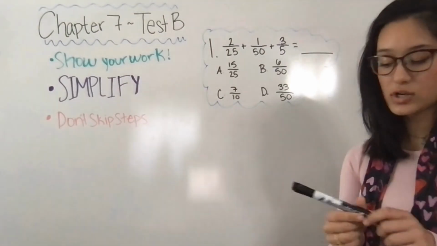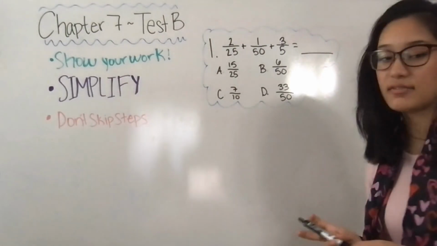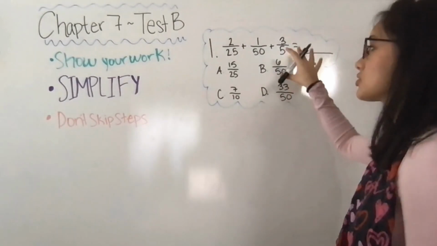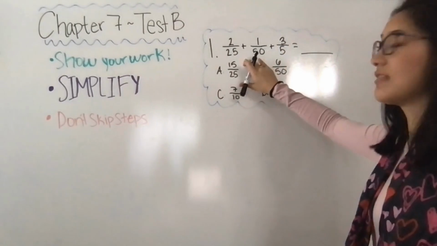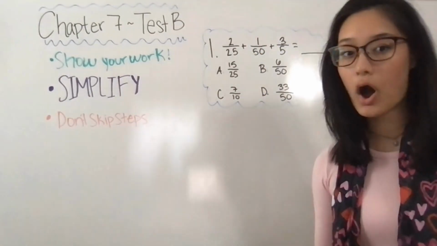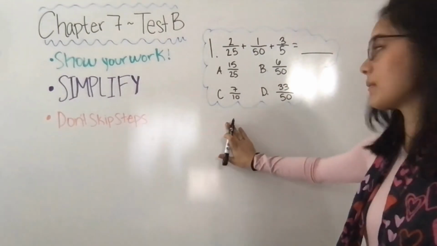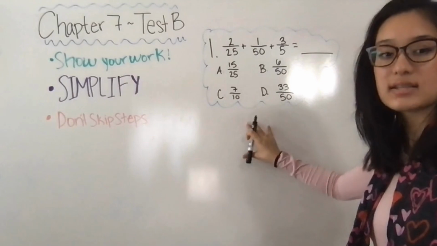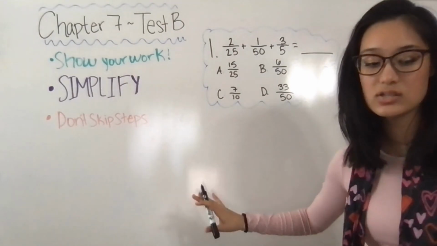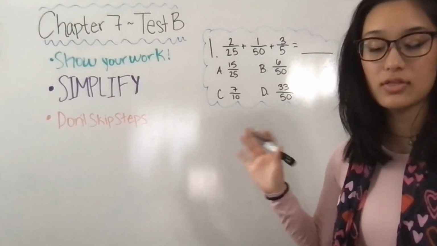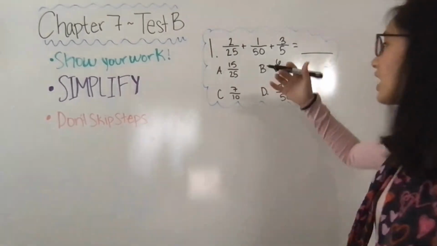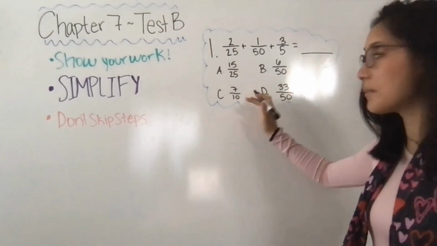Now, your first step is you have to make sure that when you're adding or subtracting fractions, they all have the same common denominator. So, Singapore Math in this test gives you at least one of the things that you'll need, and that here is the denominator.